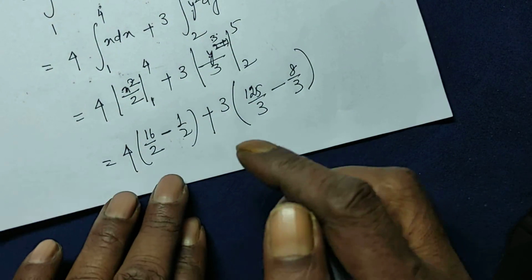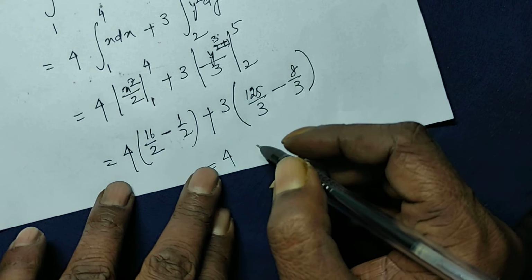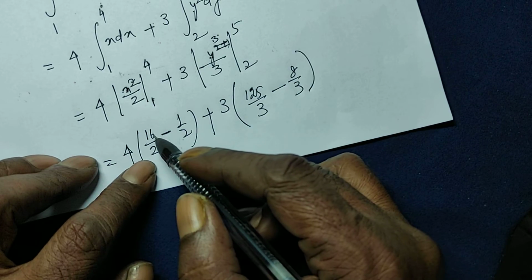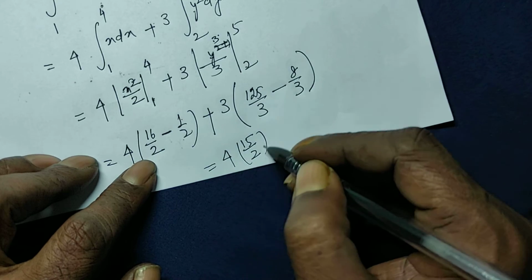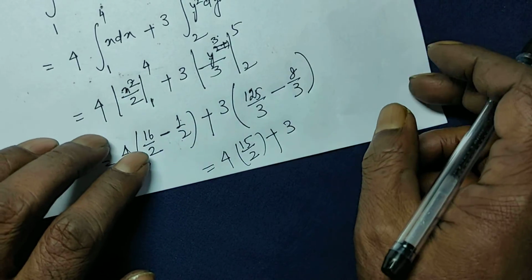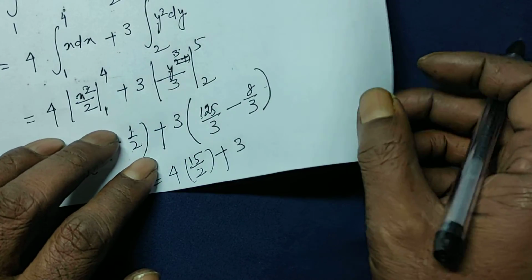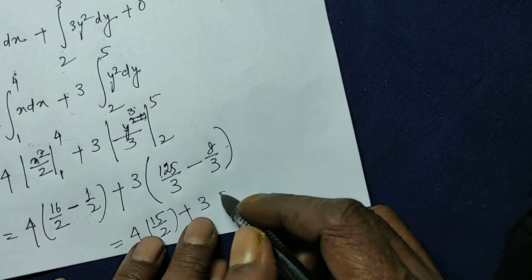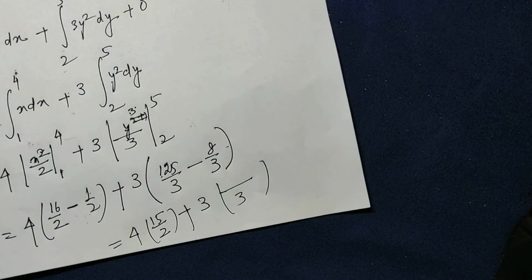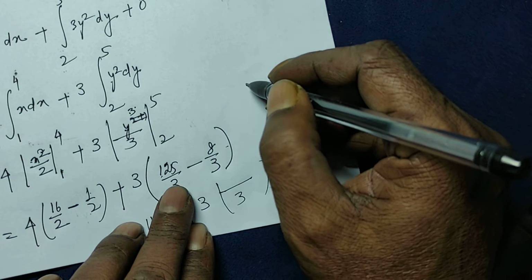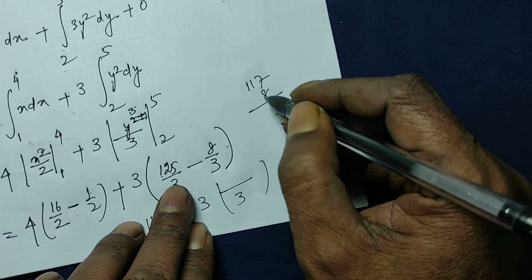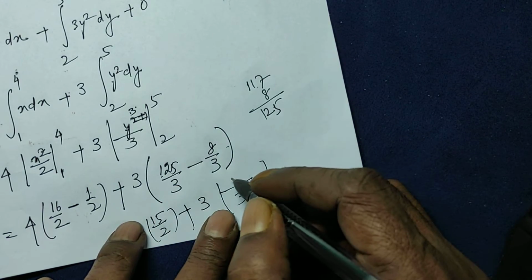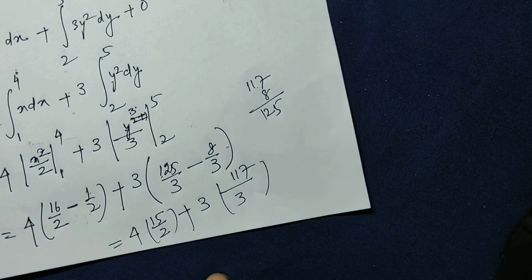So this becomes 4 times 15 by 2, plus 3 times 125 minus 8. 125 minus 8 is equal to 117, that is 117 over 3.